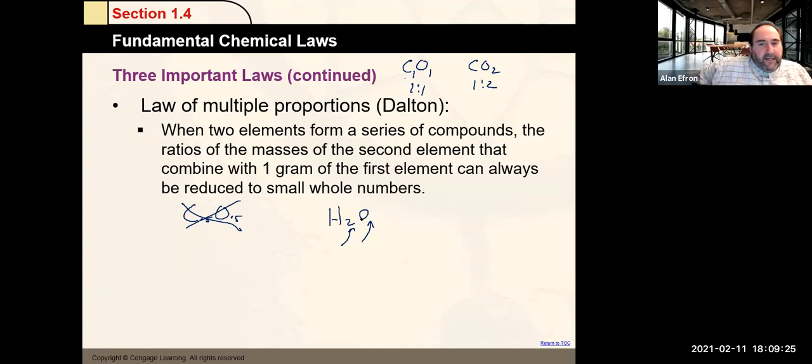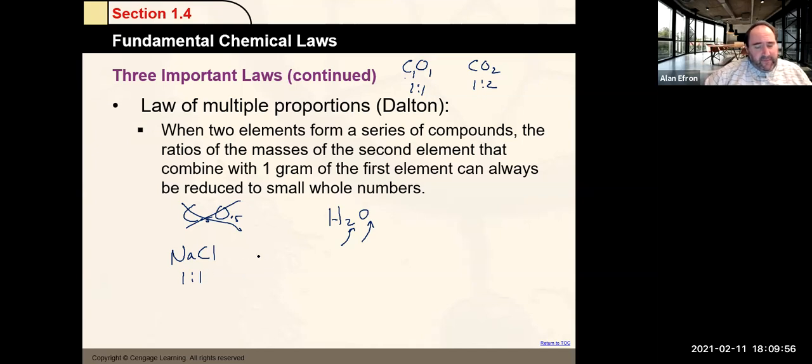So they're always going to come together in these whole number ratios, and they will always come together in the simplest whole number ratios. That's, for example, why an ionic compound like sodium chloride will always come together in a 1-to-1 ratio, which is the simplest way that they could come together. All ionic compounds will come together in the simplest way.